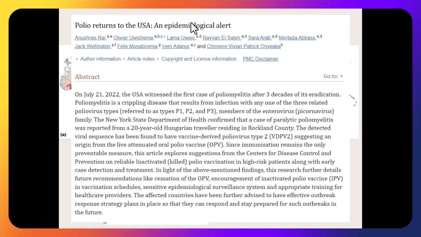In 2022, we had our first case of polio after three decades, when we thought we had eradicated it in the United States. It's back. New York, over on the East Coast, seems to be where we're seeing it. Even though we've had cases over there, that doesn't mean those are the only cases, since a lot of people are asymptomatic and don't realize they're spreading it.